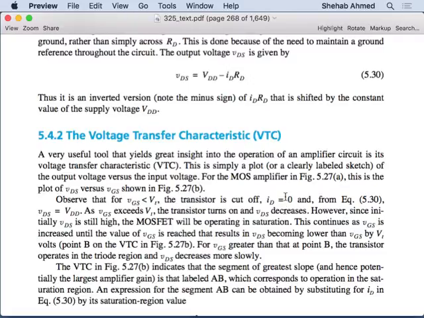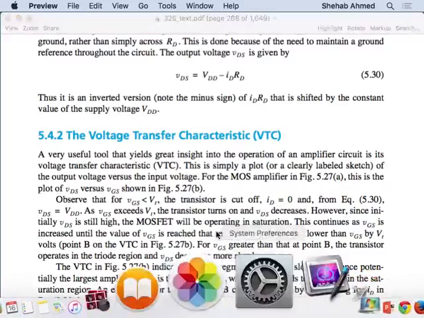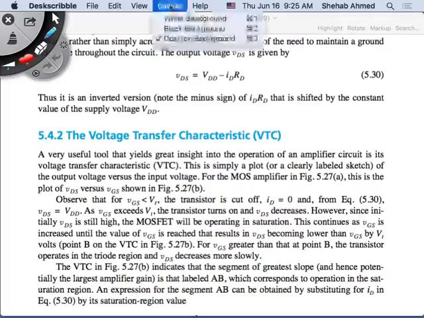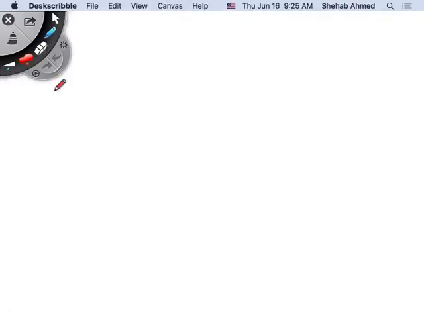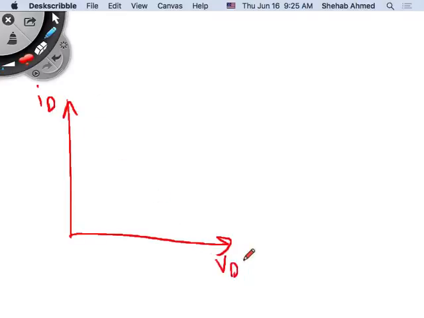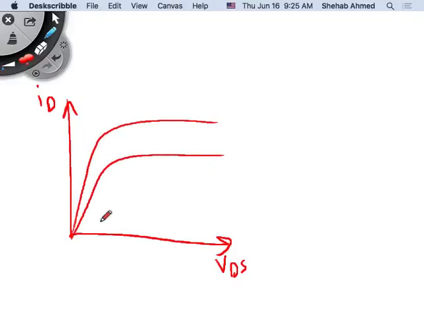Before, the curves that we showed were ID versus VDS. This was the curve that we derived the characteristics of the device from, at different values of overvoltage: 1 overvoltage, 2 overvoltage, 3.